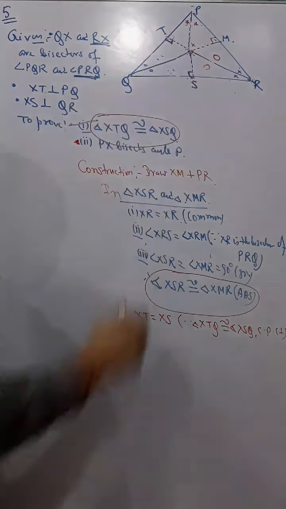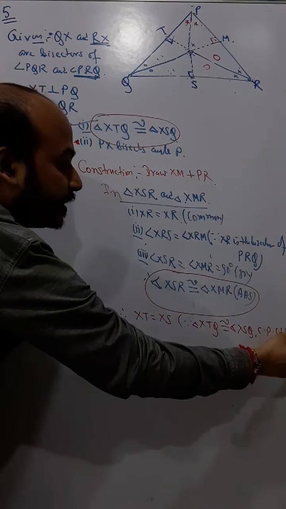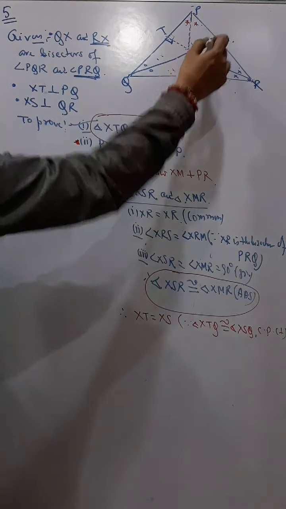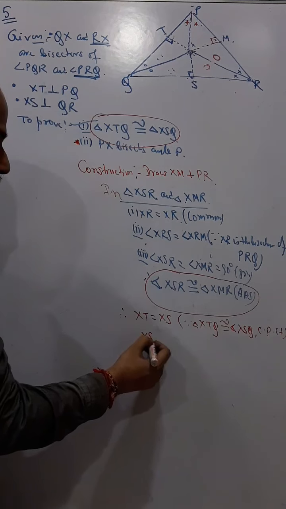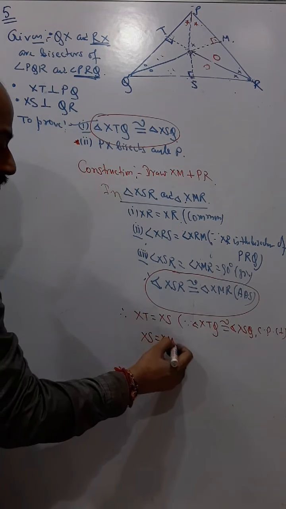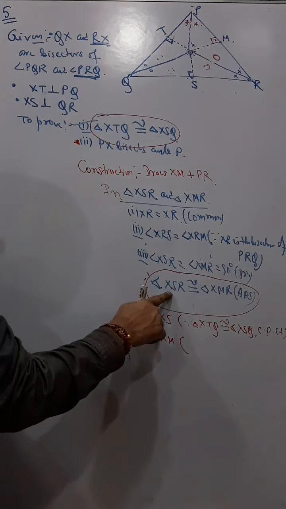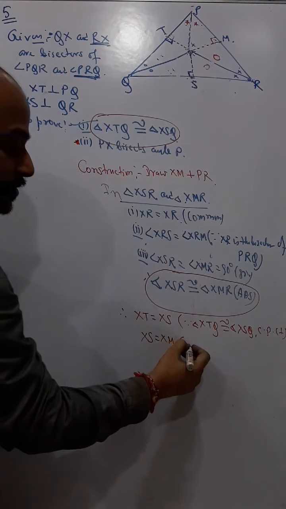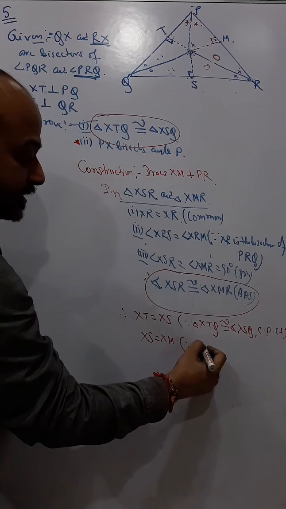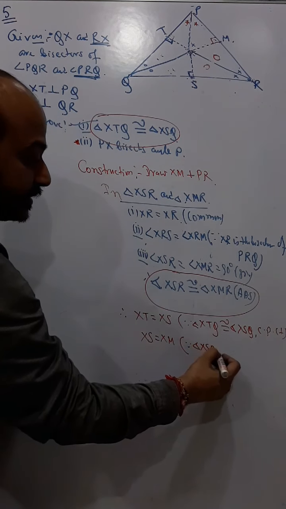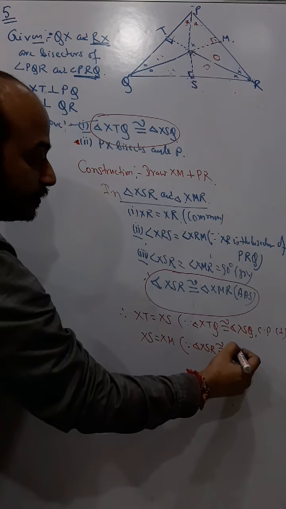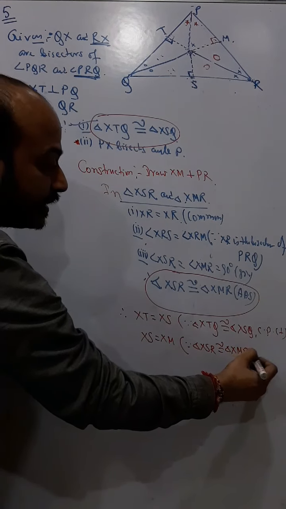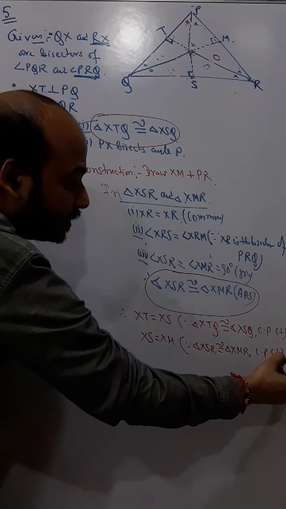Let it be number 1. And now we can also say again XS equals XM. Why? Because again this triangle is congruent to this triangle, triangle XSR is congruent to triangle XMR, and this is also CPCT.